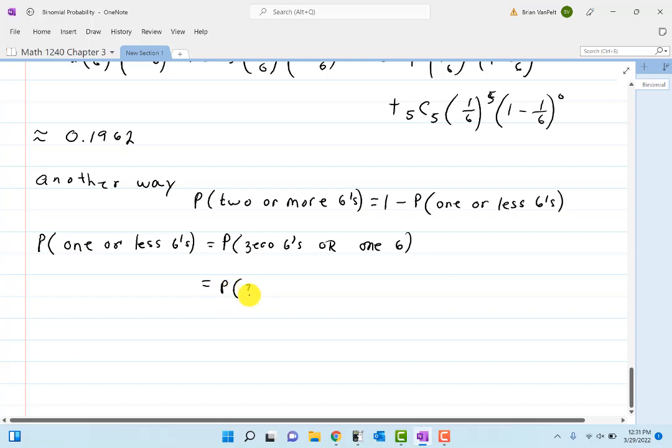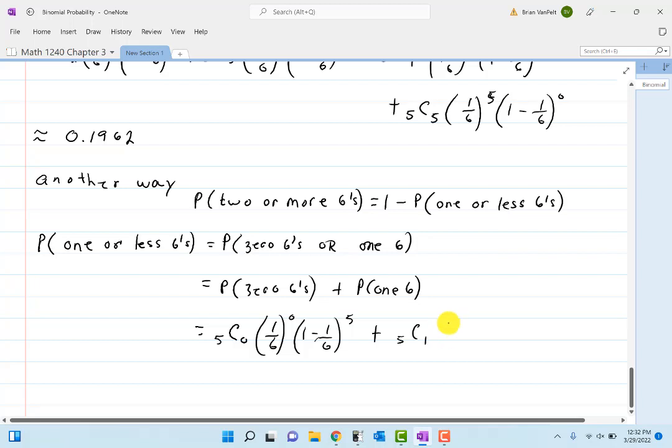That's the probability of 0 sixes plus the probability of 1 six. And now I'm ready for my probability. So I have 5c0, 0 sixes, 1/6 to the 0 power times 1 minus 1/6 to the 5th power, plus 5c1 times 1/6 to the 1st power times 1 minus 1/6 to the 4th power.